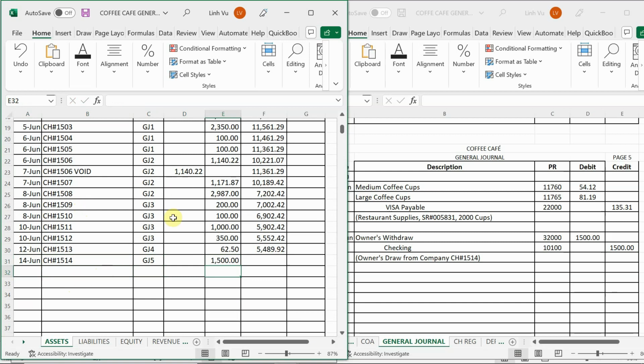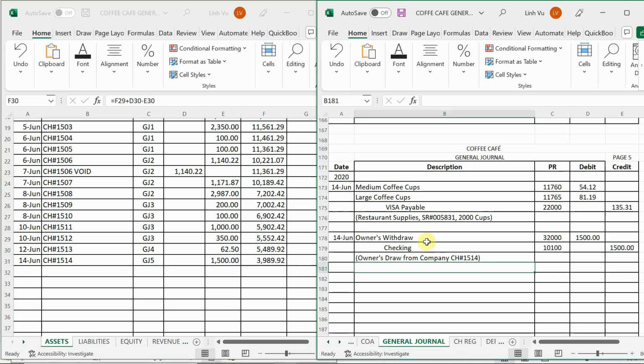So by taking $1,500 out of the checking account, he has left his company with $3,989.92 left. Right?